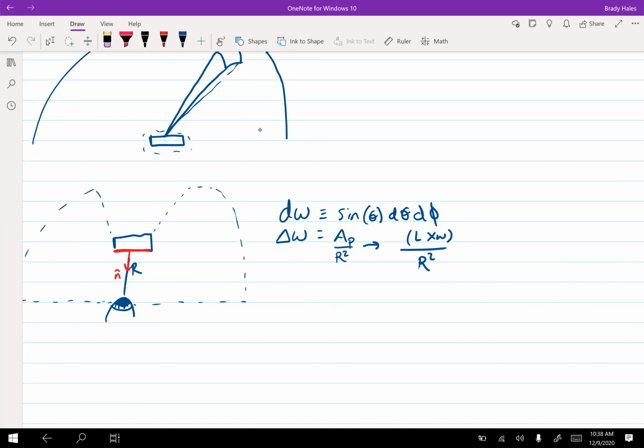Now, for a moment, let's rotate this computer screen. We'll rotate it like this. Okay. And now we still have our normal, but now this is our theta 1, right? You can see that we now have a theta.